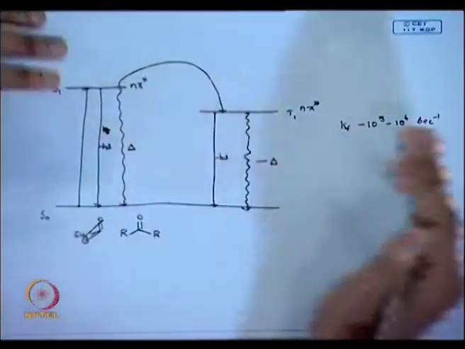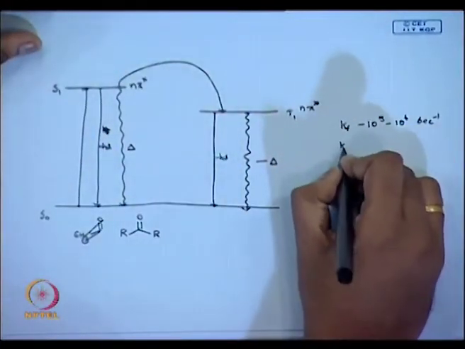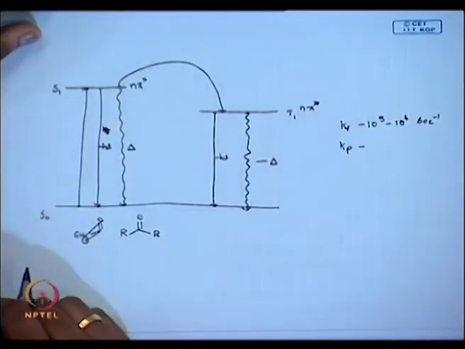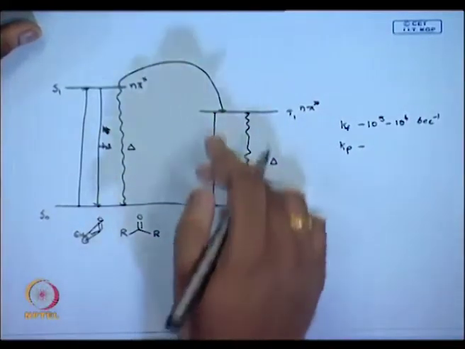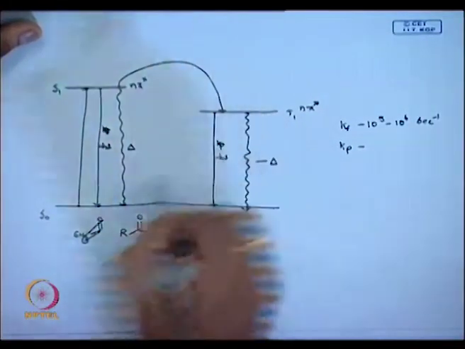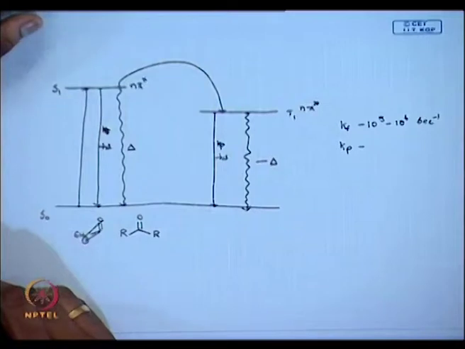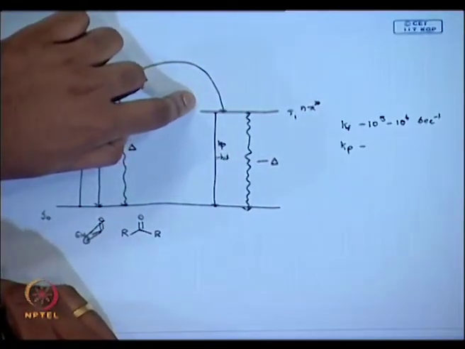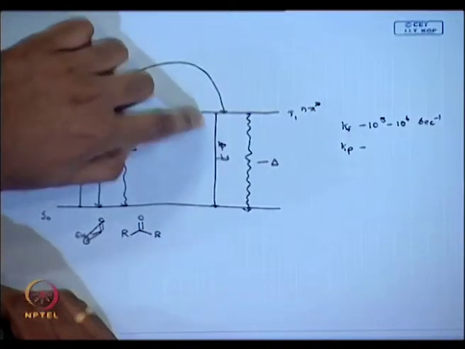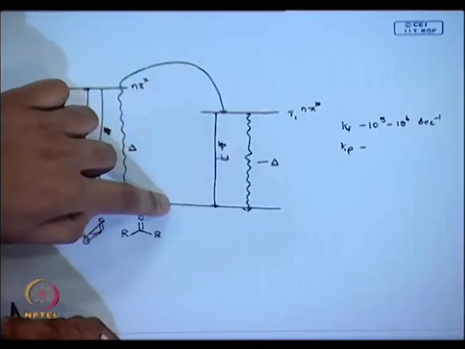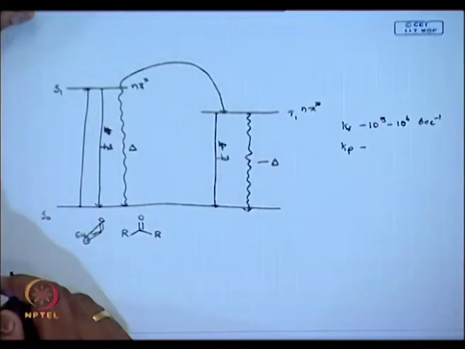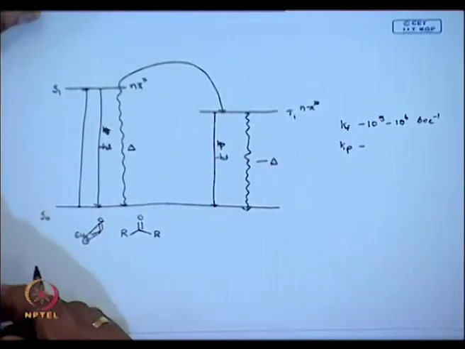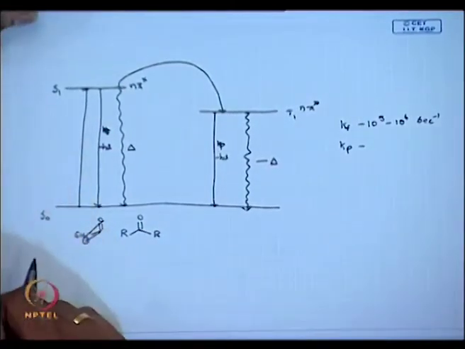Now, we will compare that with phosphorescence and see how much time it takes. If you take Kp, the rate constant for phosphorescence, where it has to flip its spin, right, it has to come from triplet to ground state singlet. Any idea whether it will be a fast process or slow process? It should be a slow process.